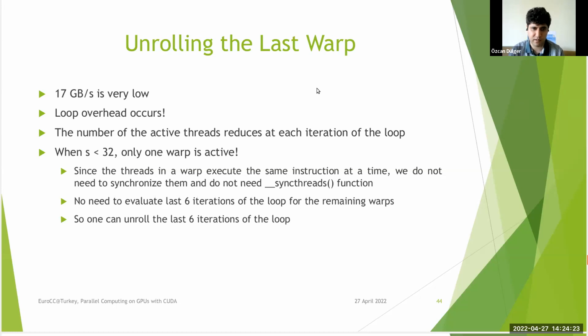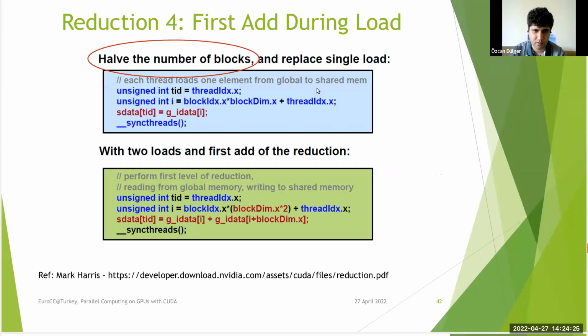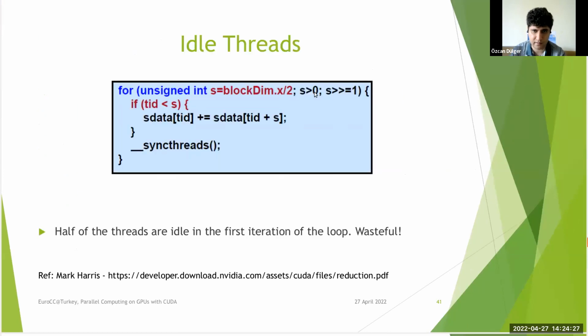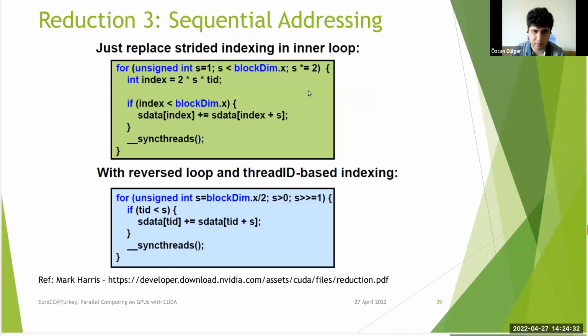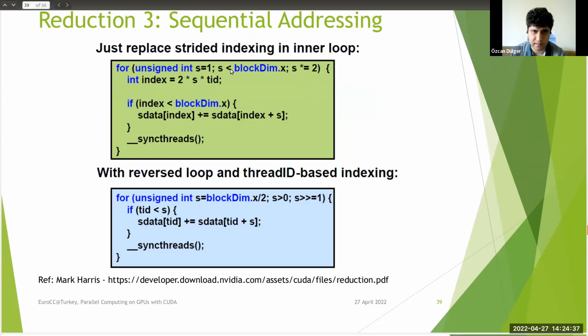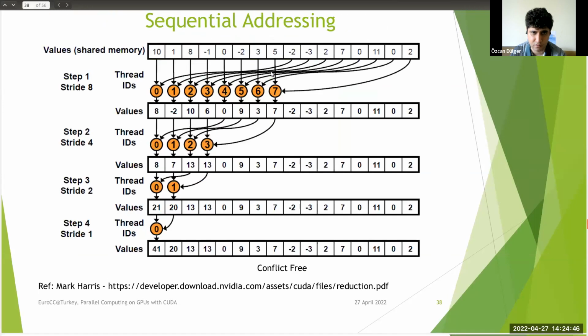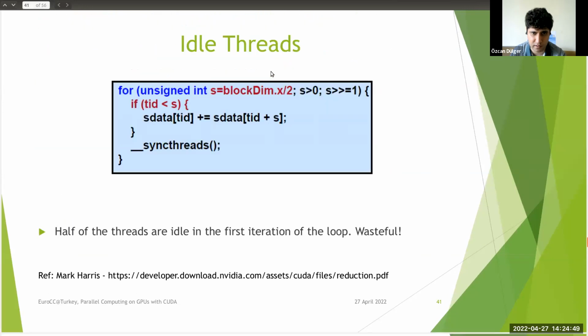So that means when s is smaller than 32, there are 6 iterations left, and only one warp will be active.